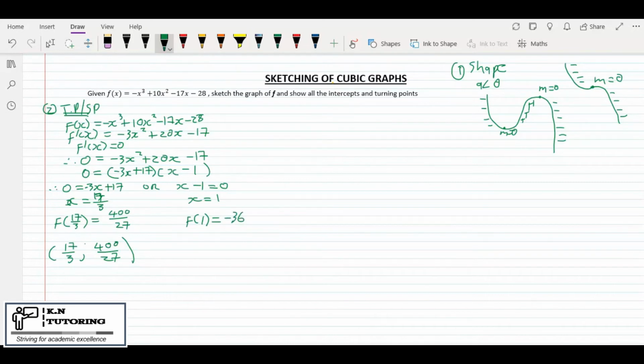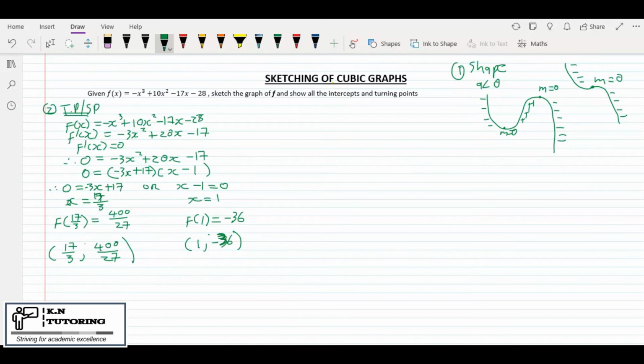Like I mentioned, we've invested a lot on how to solve this problem, now we are just applying. So the x value in terms of the coordinates is 1, and the y value is minus 36. That is my second turning point. We've got 2 turning points.